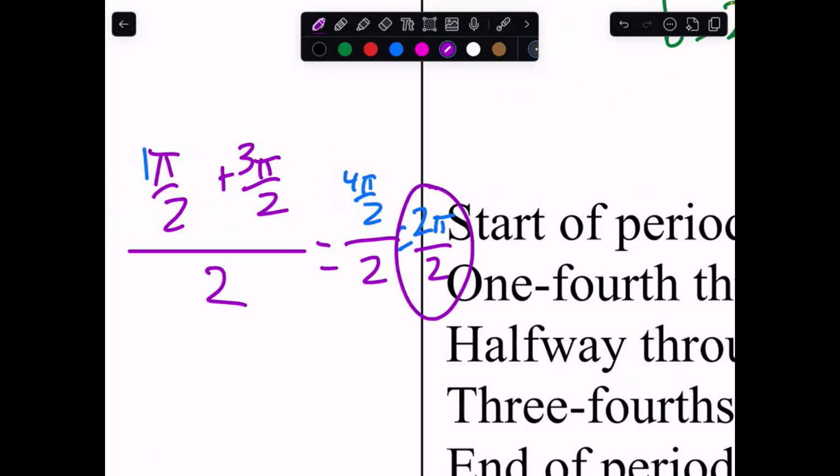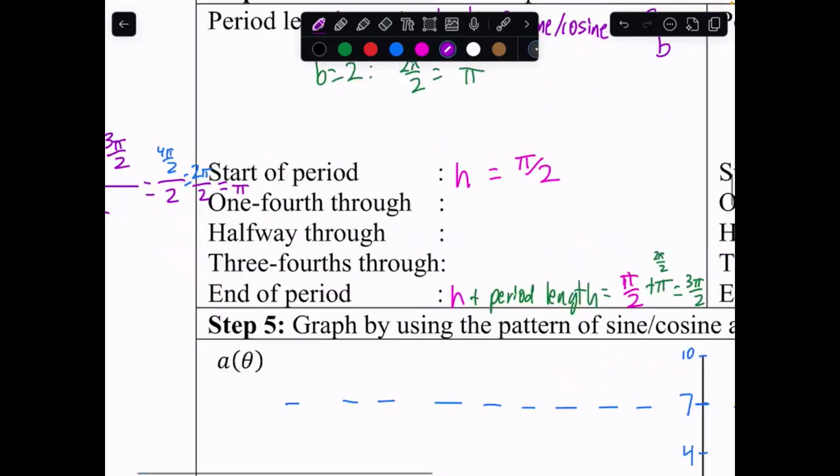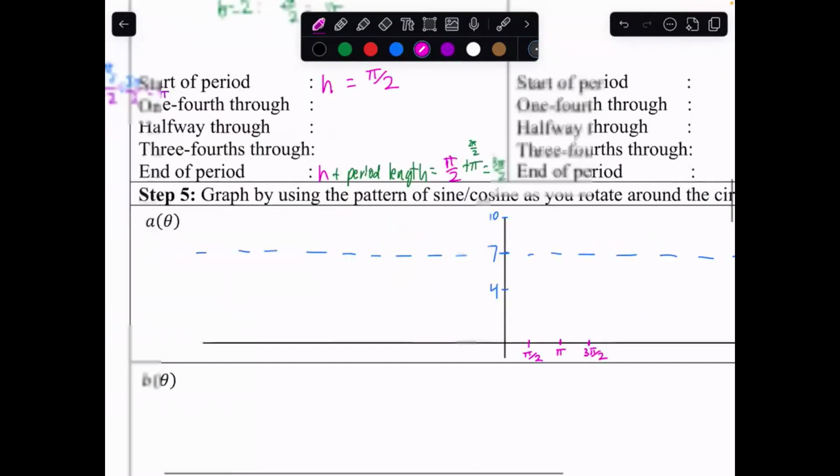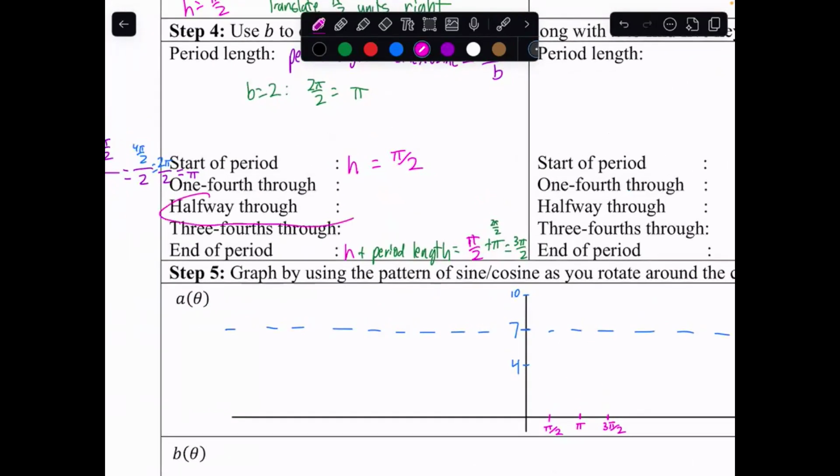And now 2 pi over the bottom 2, 2 pi divided by 2 is 1 pi, or just pi. Okay, so halfway between them is pi. Okay, and we'll mark that on step 4 as well, right? So I refer to this as halfway through the period. I'm just going to mark down that it's angle pi.